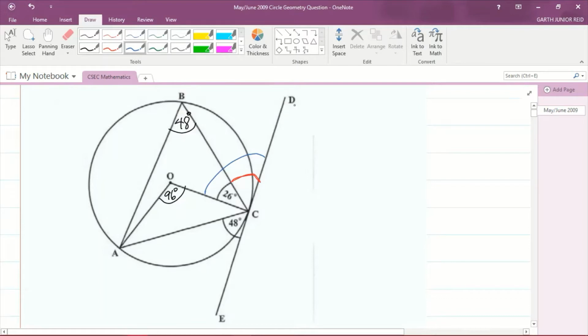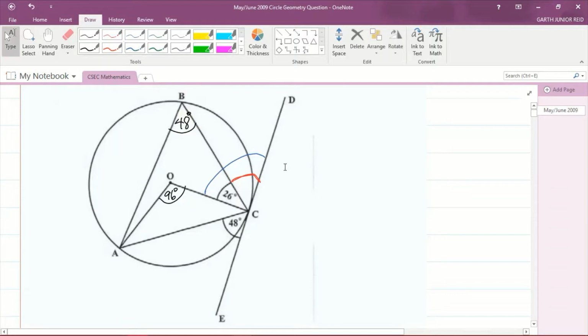Because the tangent DCE is perpendicular to the radius OC. You recognize that the tangent touches the circle at the point C. C is what we call the point of tangency or the point of contact, okay? So we know that the tangent is perpendicular to the radius OC, so it means that it meets at 90 degrees, all right?